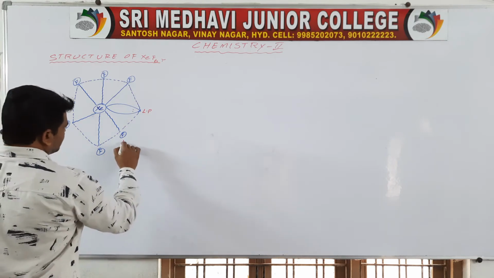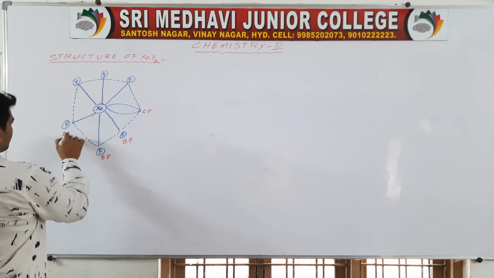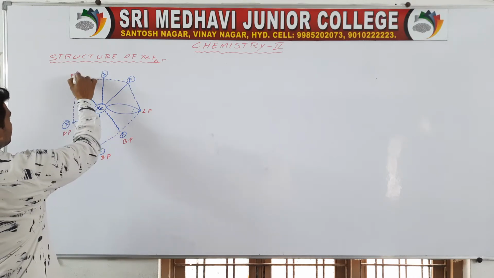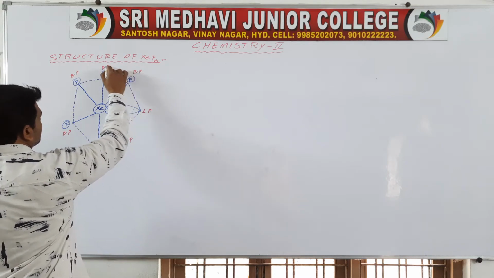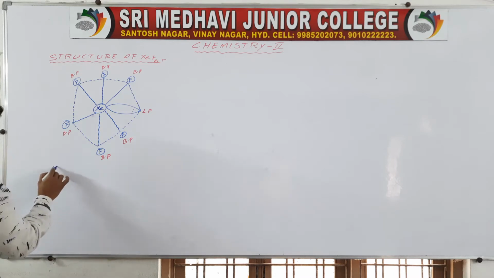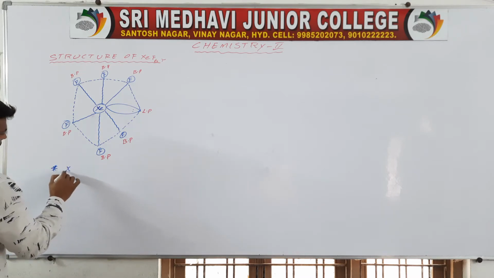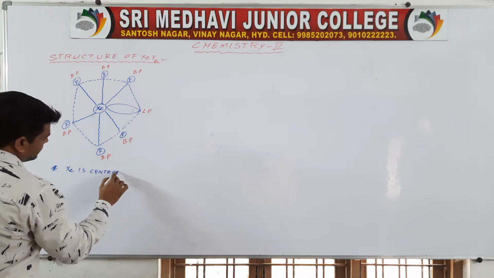So here it is a bond pair, bond pair, bond pair, bond pair, bond pair, and a bond pair. So here you have to see xenon is a central atom.